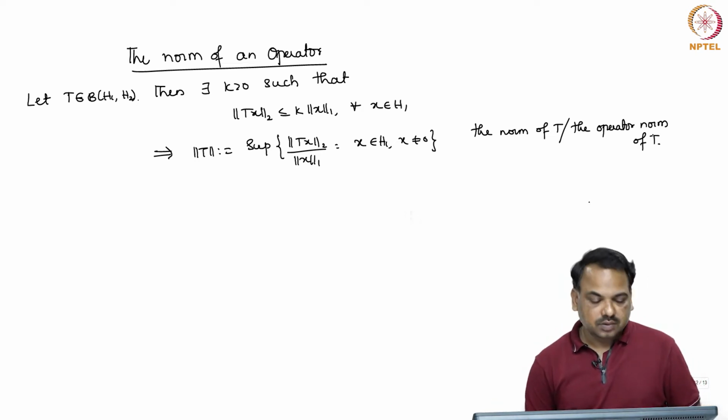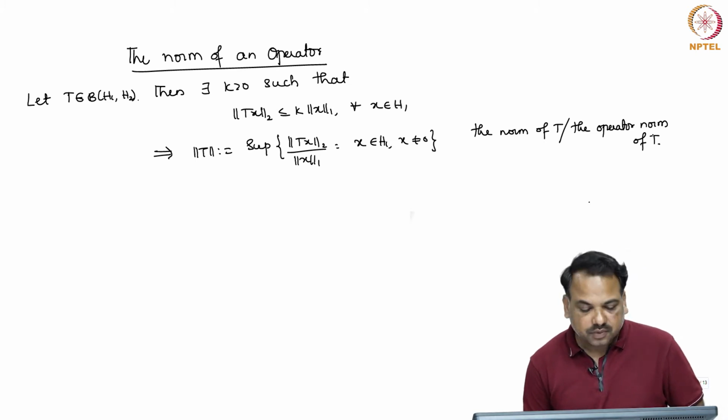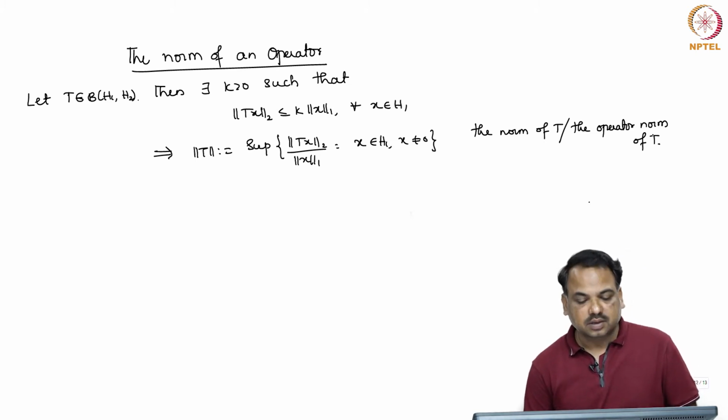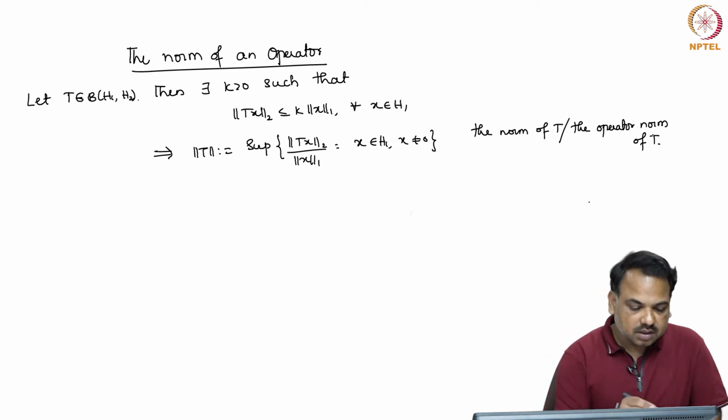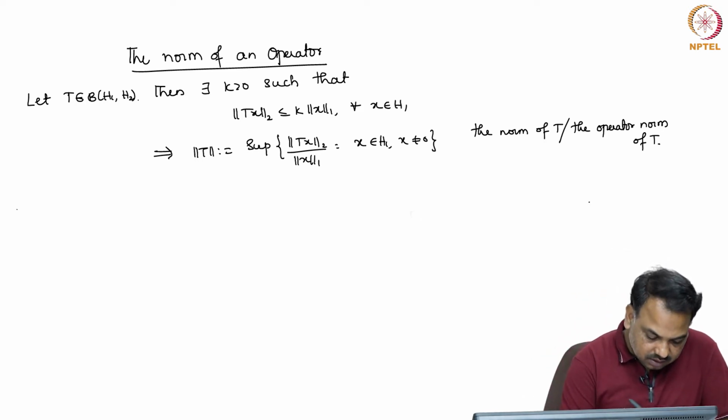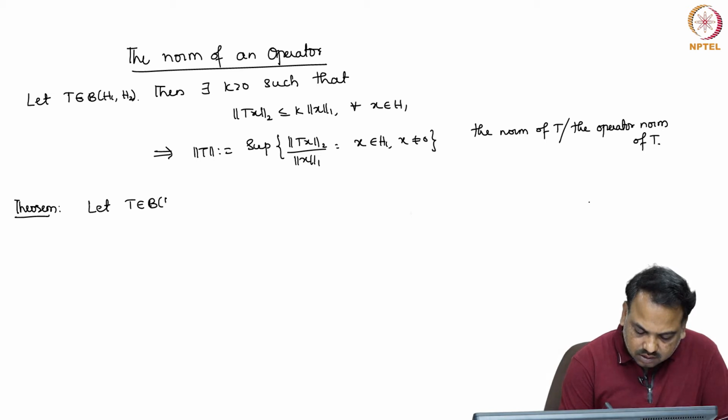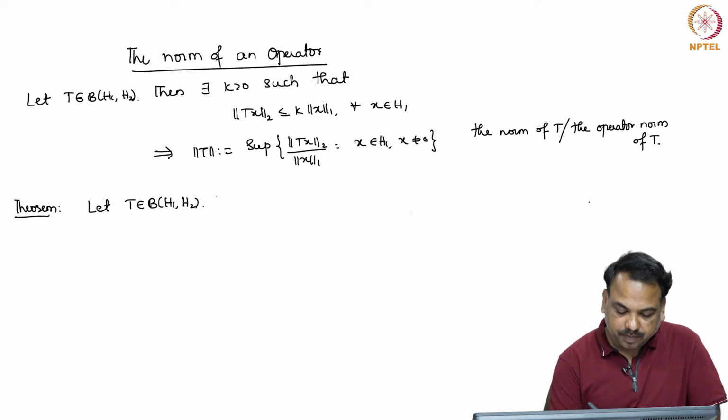Now we can ask the following question: how to compute the norm of an operator? We will be describing different conditions which are equivalent, which are useful in computing the norm of the operator. So let us discuss that. Let T be a bounded linear transformation from H1 into H2.